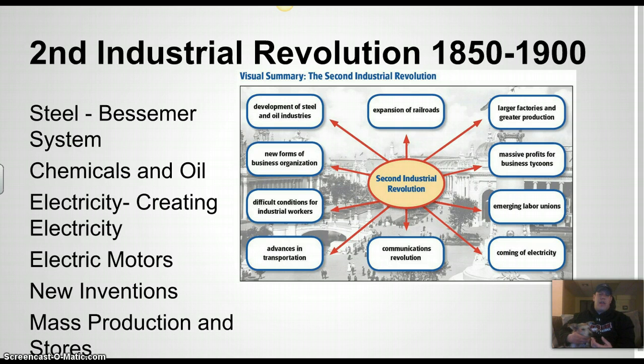That also means we have more stores. Now you start having the first ever malls and the first ever department stores, which get created in France. It's a bigger way for people to get stuff. The small one-person shop kind of dies away, and the big store gets created. So it's another big change in the second industrial revolution.